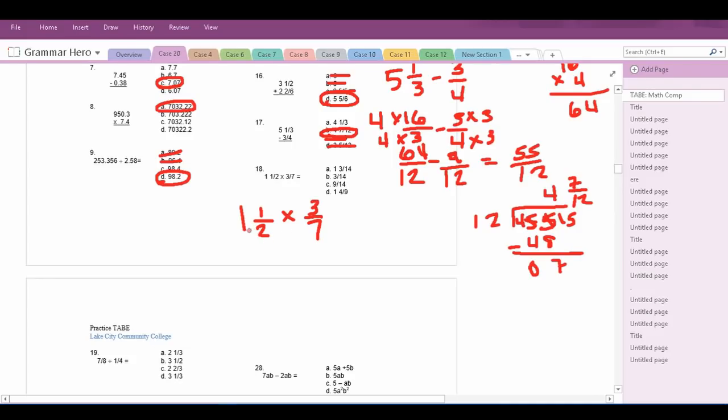So 1 times 2 is 2 plus 1. This becomes 3 over 2 times 3 over 7. Again, multiply across on top, multiply across on the bottom. 3 times 3 is 9. 7 times 2 is 14. 9/14. Okay. If this number was bigger than 14, we would have to reduce it, but we cannot reduce this any further.